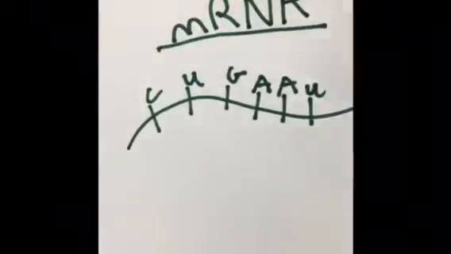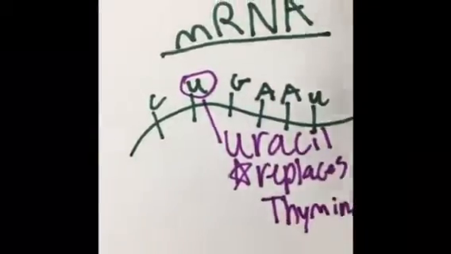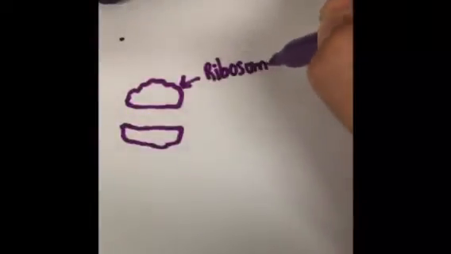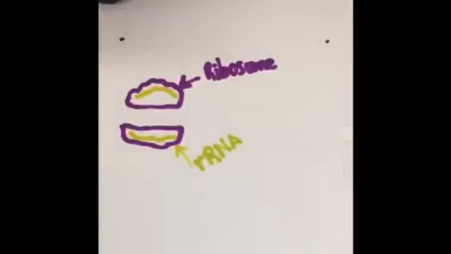This is mRNA. It replicates thymine. Anticodons connect to codons on the DNA. At the end of an anticodon is an amino acid.